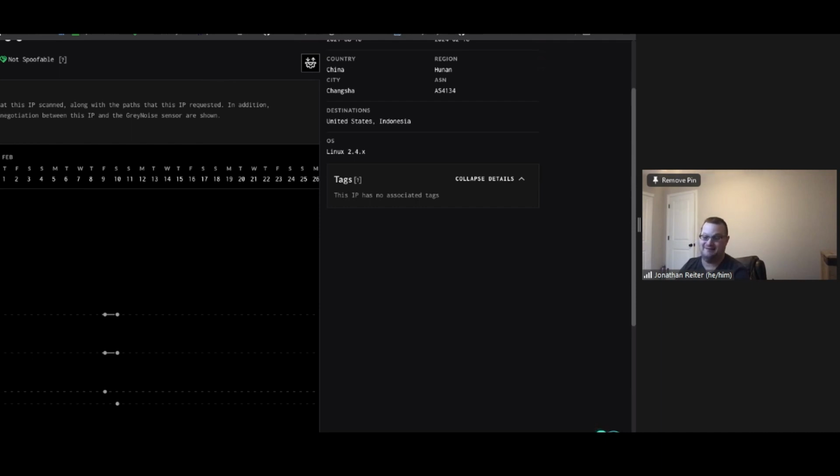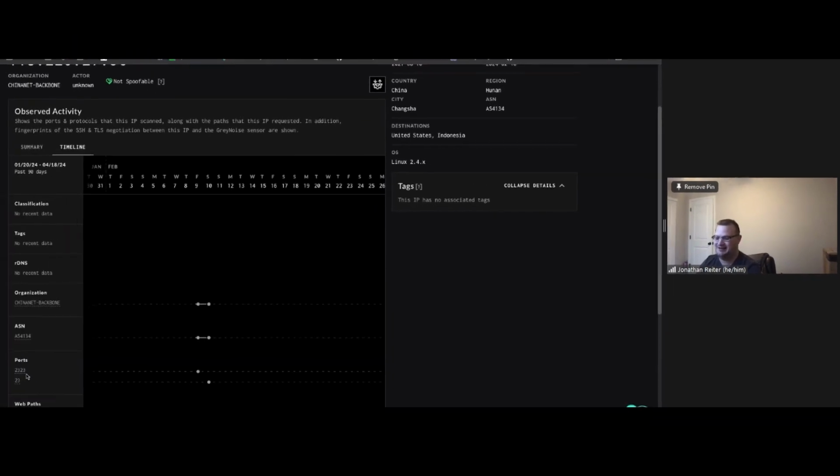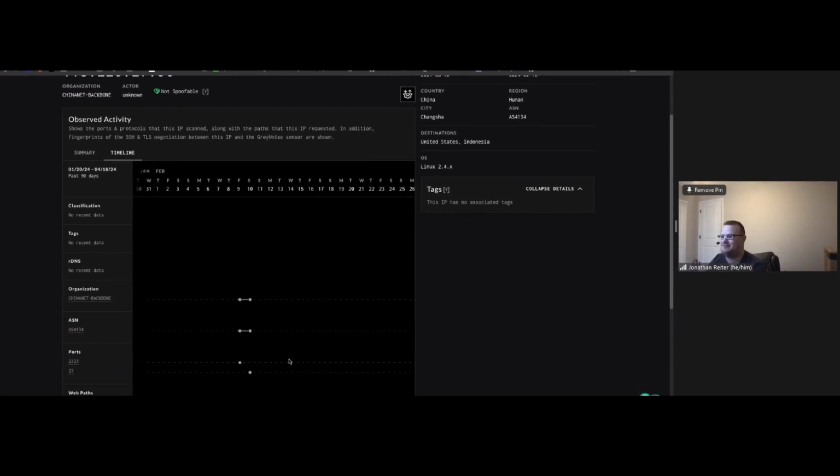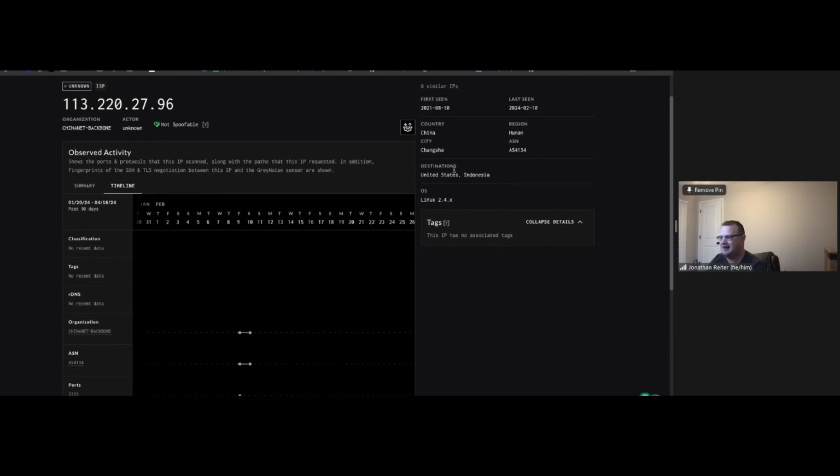Could it be that there was a misconfiguration, that I want to scan 23 but accidentally configured it improperly? Maybe. Not much data necessarily to go one way or the other. But again, it seems to target very specific destinations. It's doing scans in the United States and Indonesia.